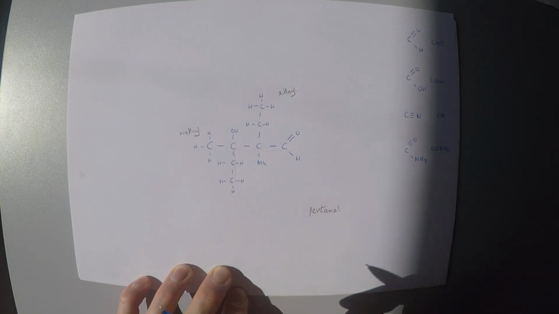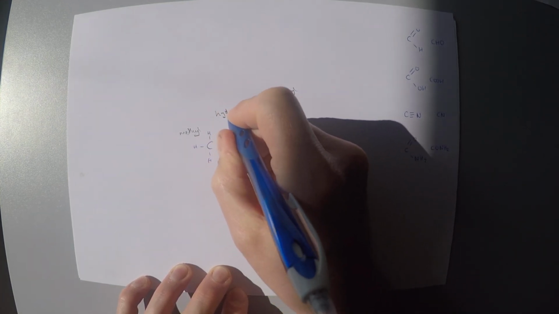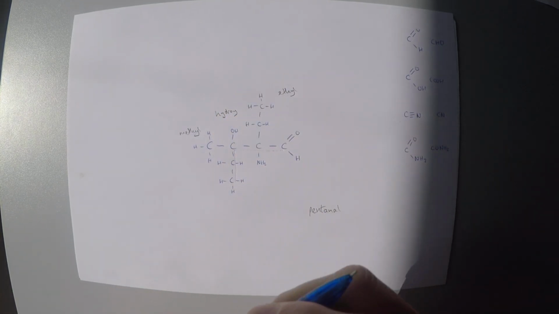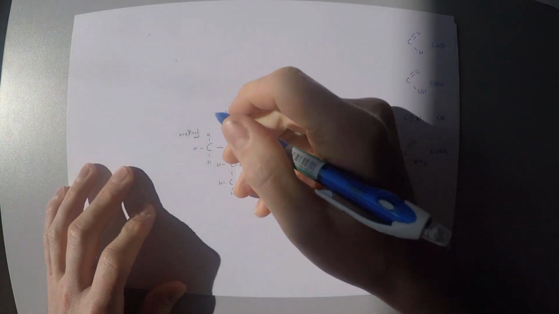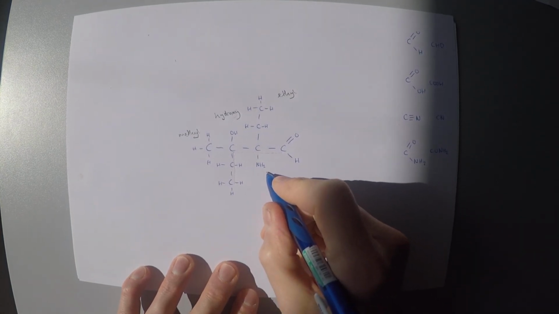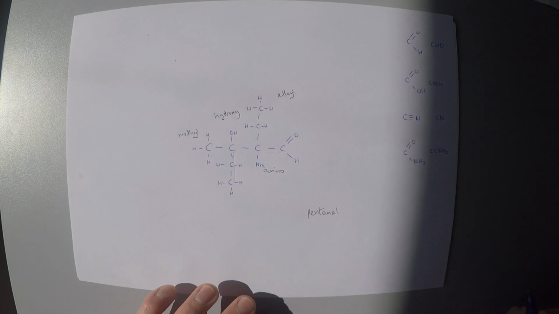This OH is a hydroxy. The hydroxyl group is known as a hydroxy. And the NH2 is an amine, or an amino group if we're using it as a prefix.